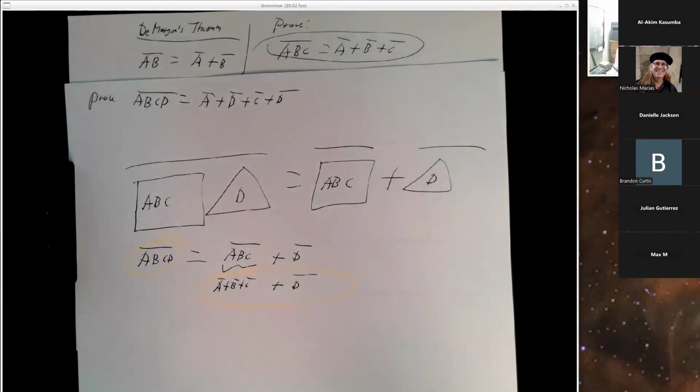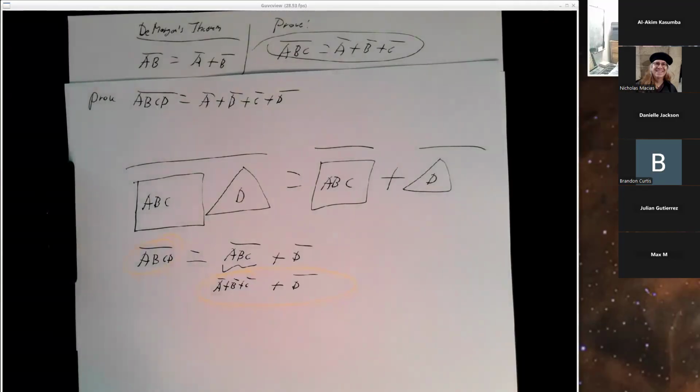If we had enough time, could I do this 5 million times and prove De Morgan's theorem for 5 million variables? Is there anything that would stop me other than time and patience and ink and paper and dying of old age? Right? I could definitely do it, but I don't want to.